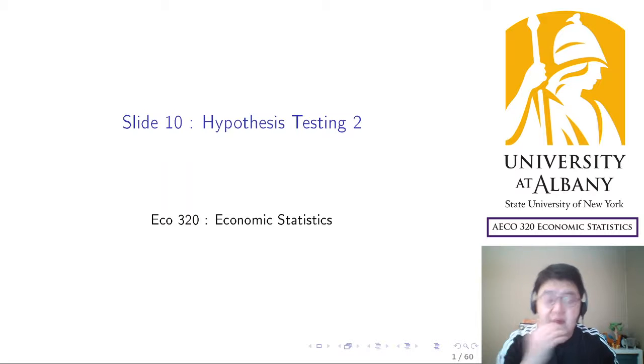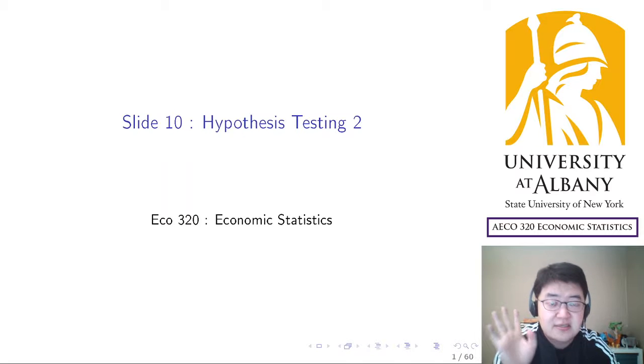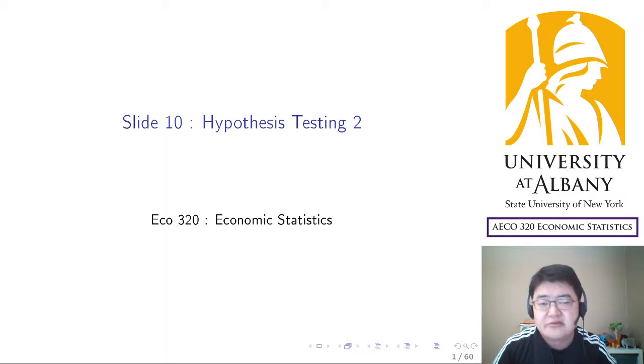One of the important concepts was that the null hypothesis is believed until proven wrong, and only when there is enough evidence against the null hypothesis do we reject it and accept the alternative.